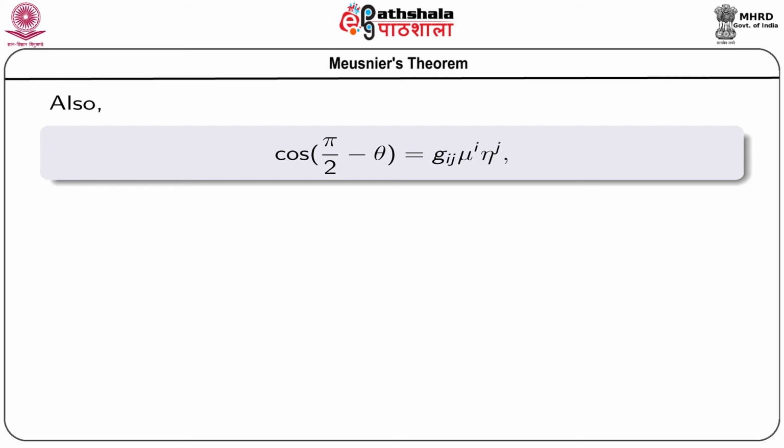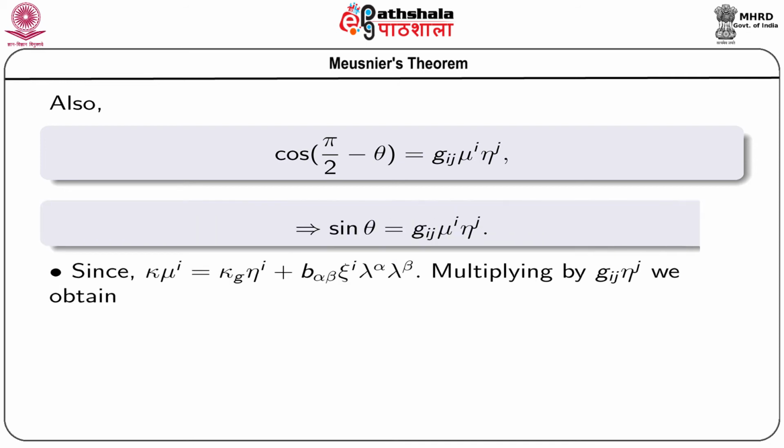So, the angle between mu^i and eta^j is pi/2 minus theta. So, g_ij mu^i eta^j is cos(pi/2 minus theta). That means, g_ij mu^i eta^j is equal to sin theta.